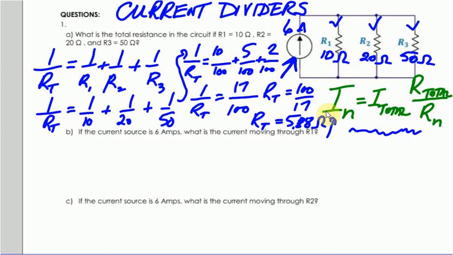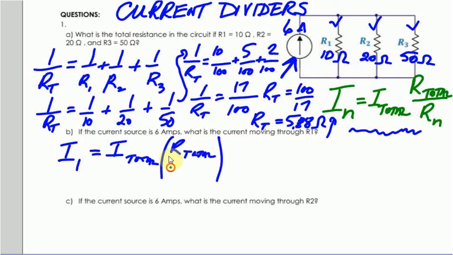B says if the current source is 6 amps, what's the current going through R1? So let's take a look using our formula here. The current going through that resistor, resistor 1, is equal to the total current multiplied by the total resistance, all over that resistor value, which is R1.